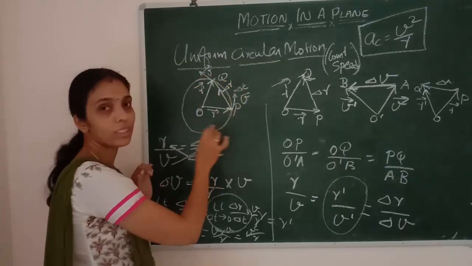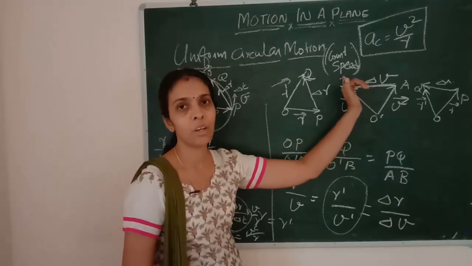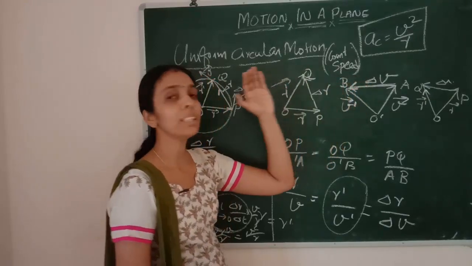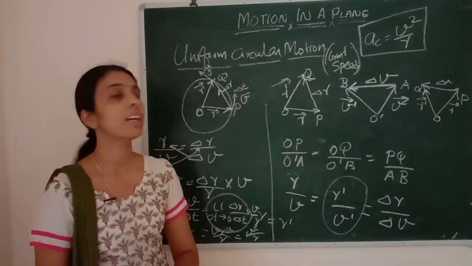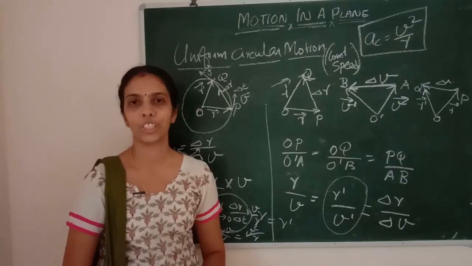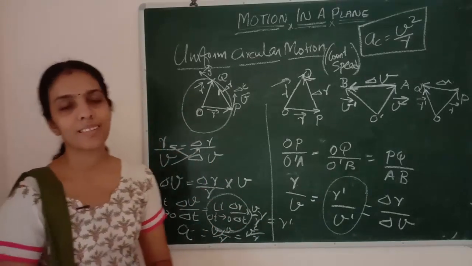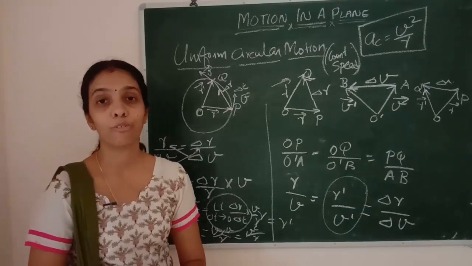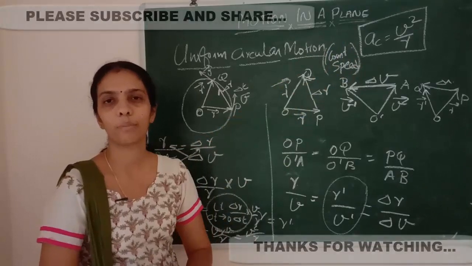So we are considering the speed alone. An object moving in a circular path with a constant speed is called uniform circular motion. Okay, clear? This is how we find the formula AC equals V square by R.